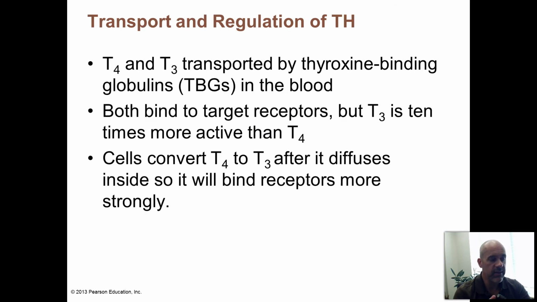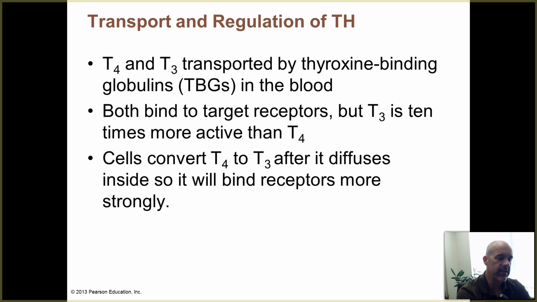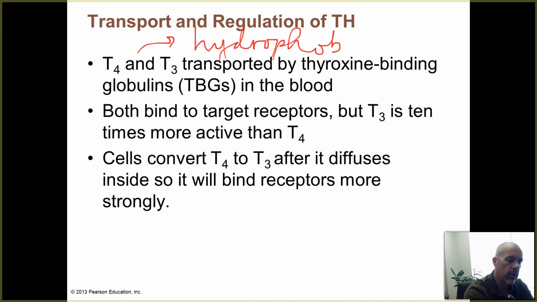Now, once T4 and T3 have been clipped out of the thyroglobulin and released into the bloodstream, these are actually hydrophobic, so they don't like water. And you may remember earlier I mentioned when you have these hydrophobic molecules, they don't dissolve in your body fluids because they hate water.